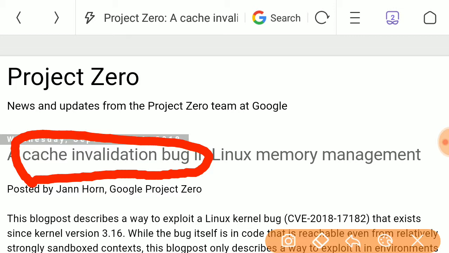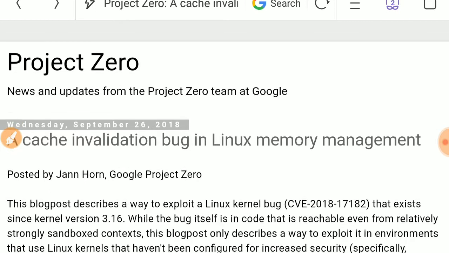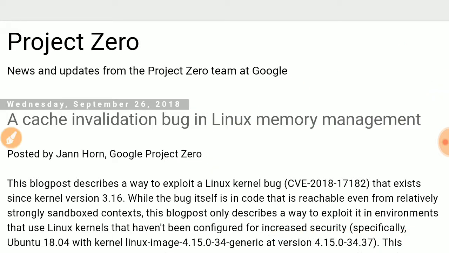So whenever the CPU wants to execute any task, it looks in the cache, and if this information is not found in the cache, then it looks in the memory, and if this information is not found in the memory as well, then it looks in the hard drive, which is the slowest operation.